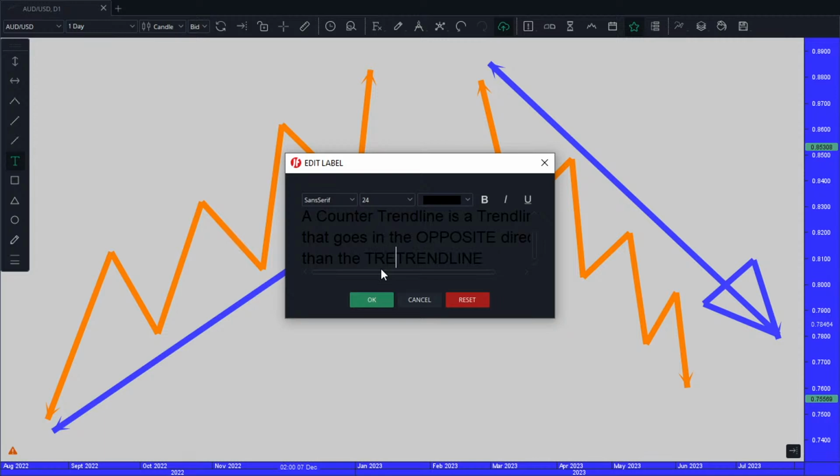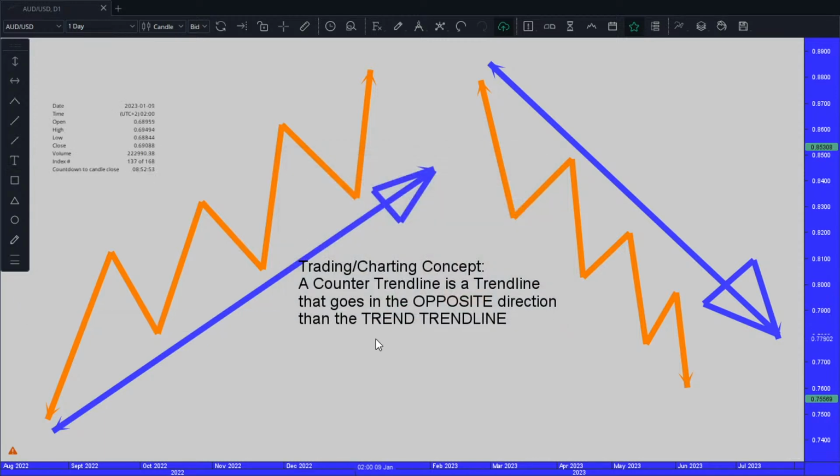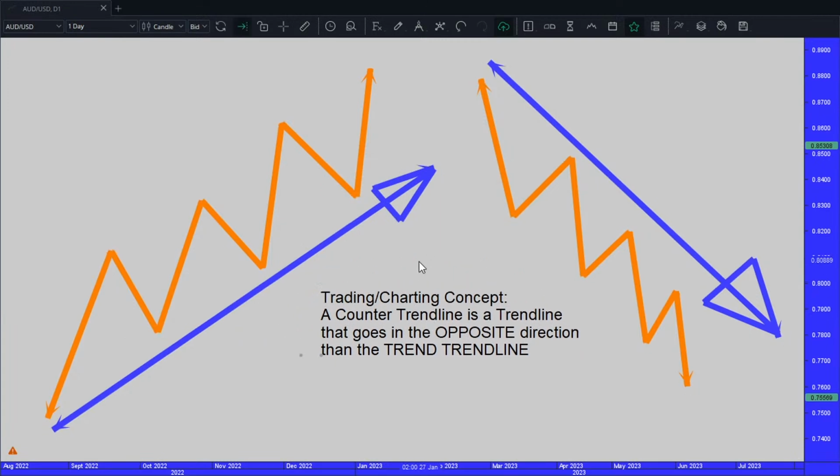Vocabulary: trend line. Okay, trading charting concept, everybody. A counter trend line is a trend line that goes in the opposite direction than the trend line.